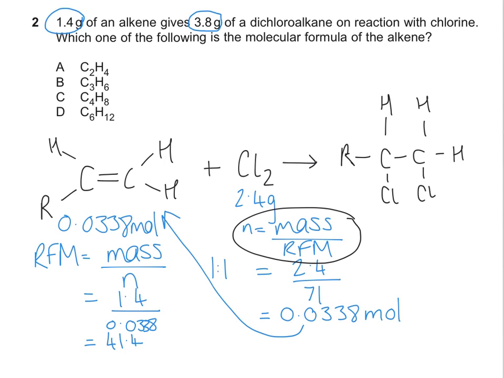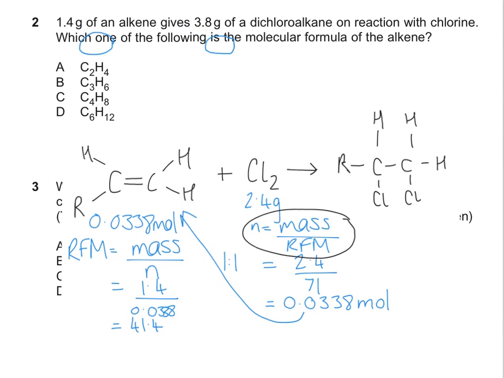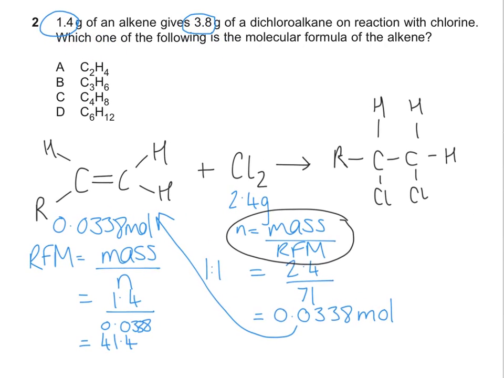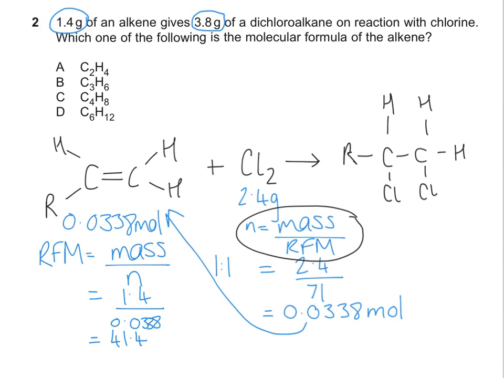So it's not a whole number, but we'll be looking for an alkene that has an RFM similar to that. If I then work out the relative formula mass of my alkenes, C2H4 has an RFM of 28.